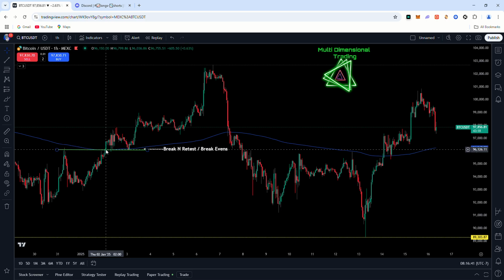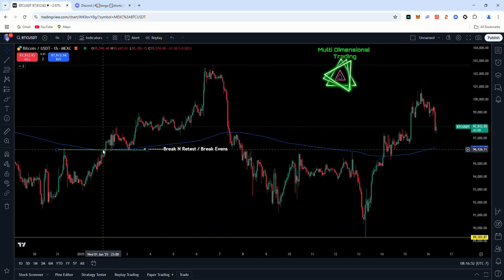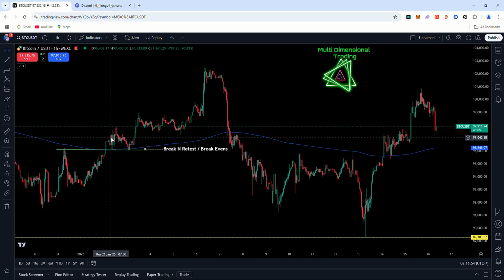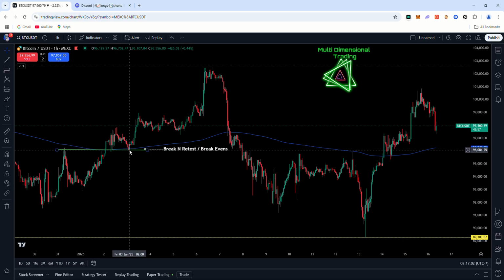So imagine if you got in here short and you let it run. By the time it comes back down to you, you're finally back at zero, right? Here you're in the negative. Now you're finally back at zero here. And that's what I would say, you're back at break even.